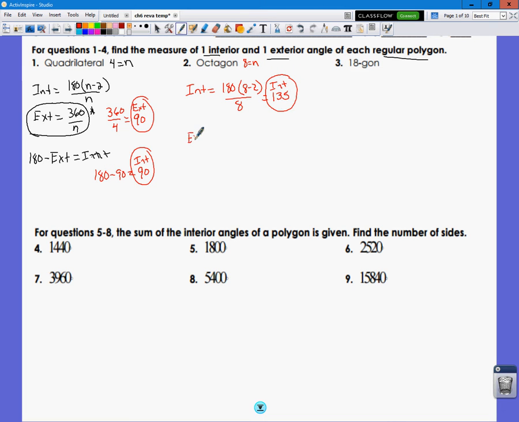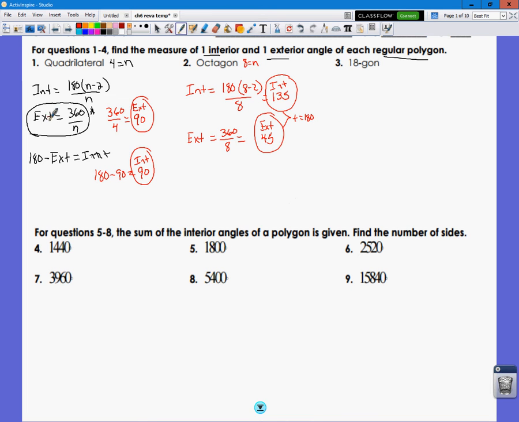The exterior angle, I'm going to take 360 and divide it by that n, which is 8, and I'm going to find that this is 45 degrees. And we should notice that these two add up to equal 180.